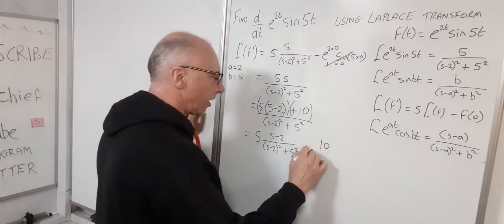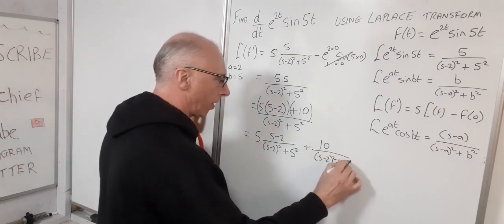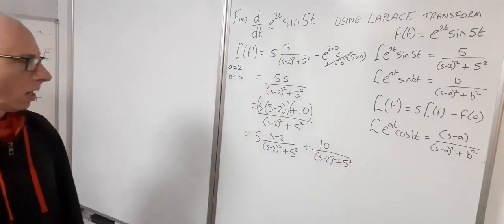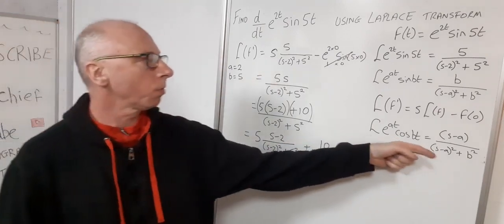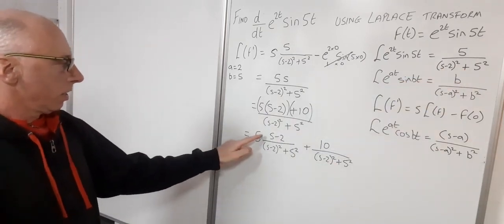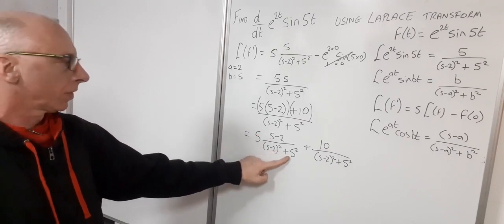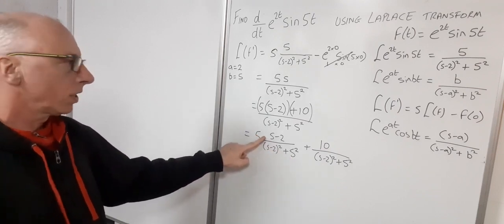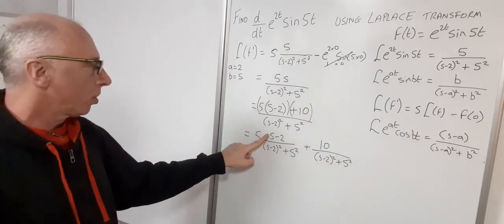So now I've got 10 over s minus 2 squared plus 5 squared. Okay, now we've got something that looks a little bit more like what we want with this and this. So s minus 2 over s minus 2 squared plus 5 squared, using my generic formula here, s minus 2.